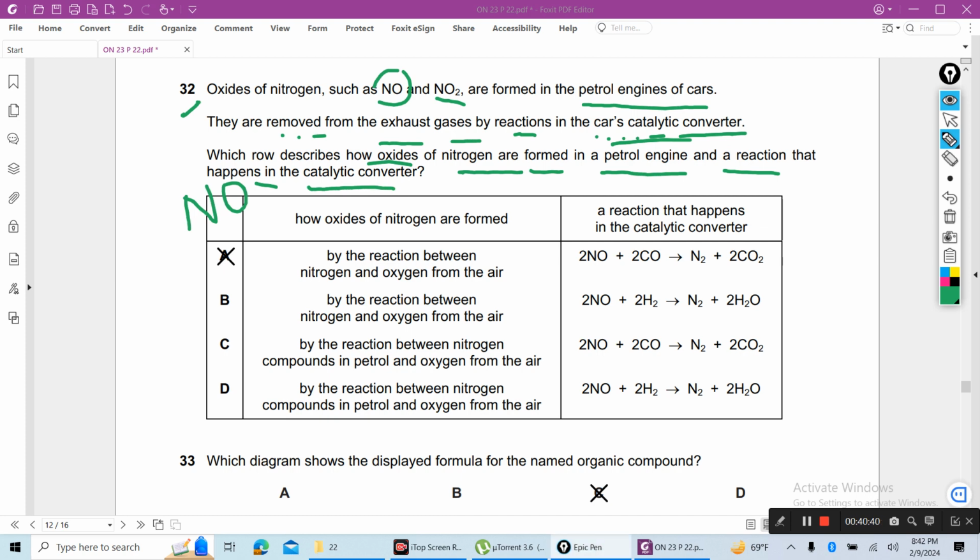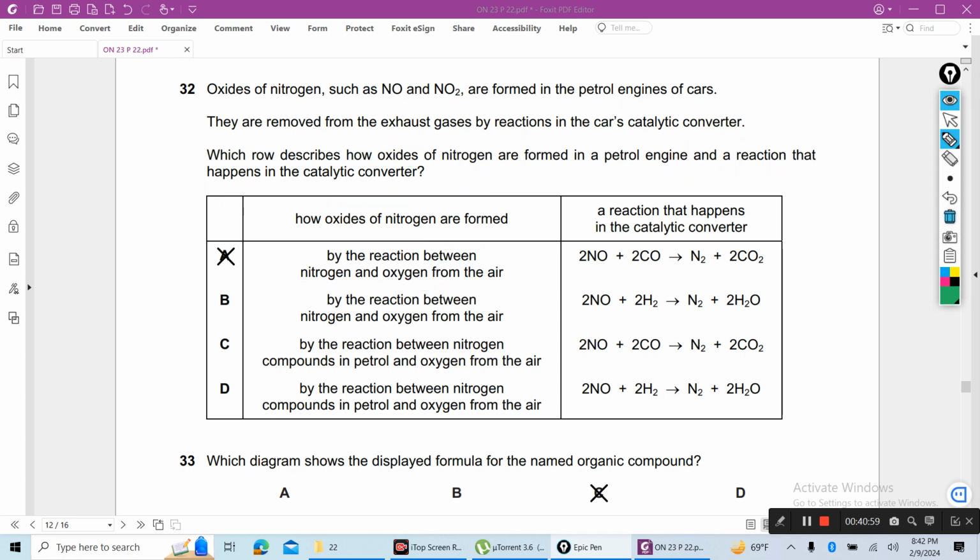By the reaction between nitrogen and oxygen from the air, nitrogen oxide is formed.